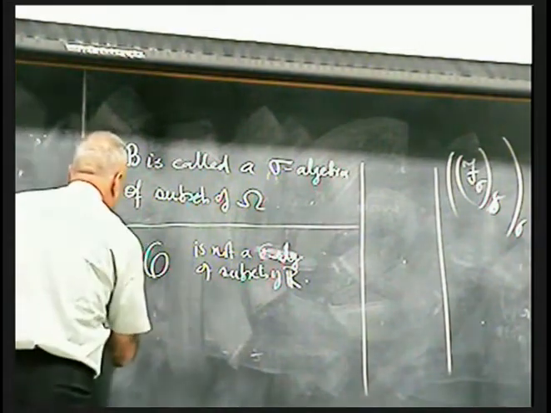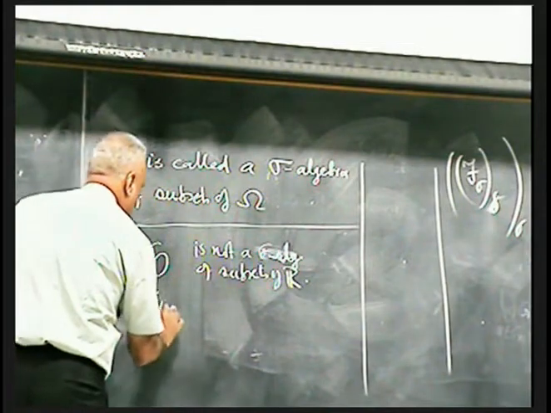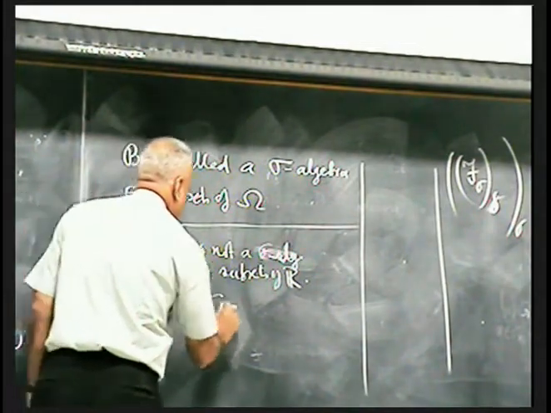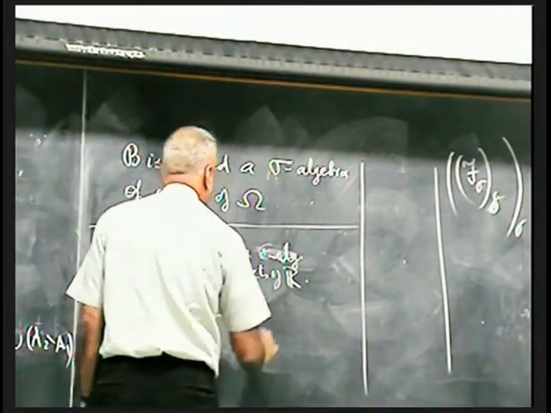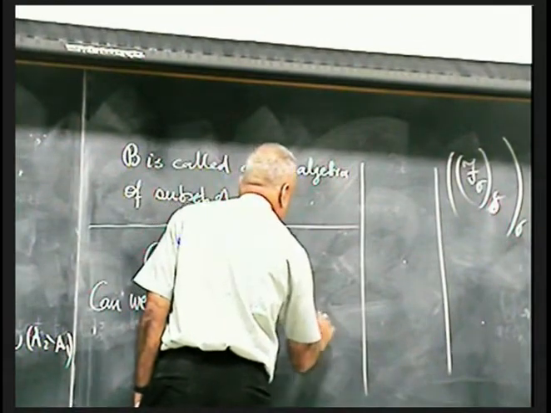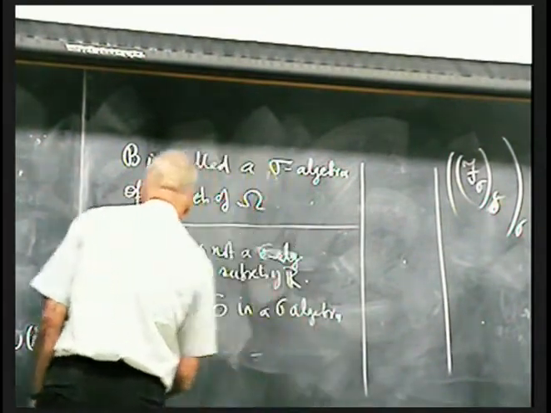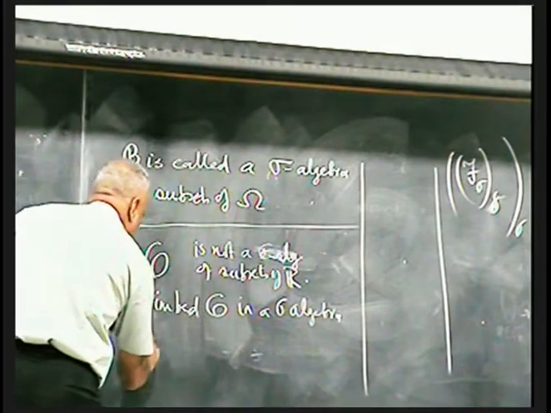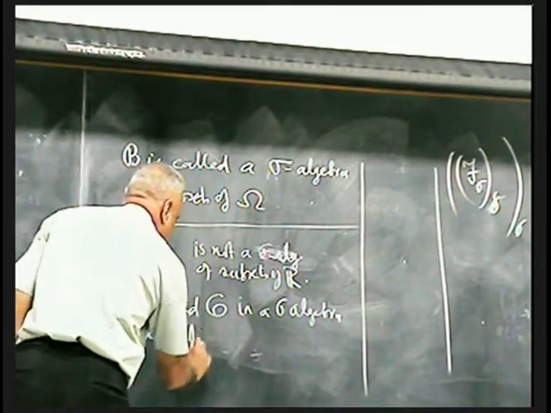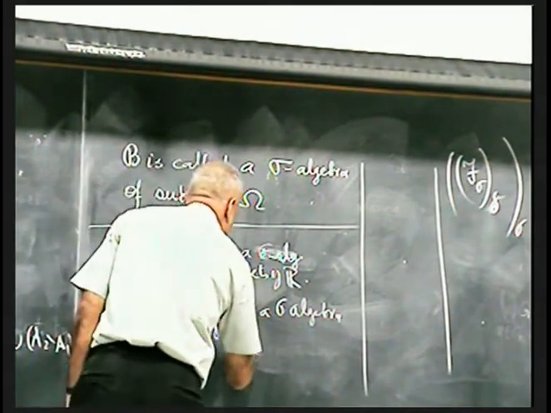So can we embed O in a sigma algebra of subsets of R, and can we do it optimally?